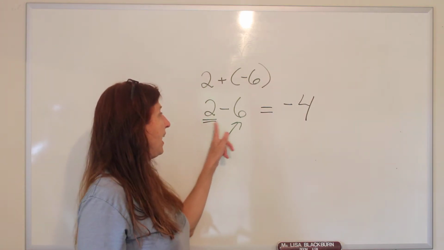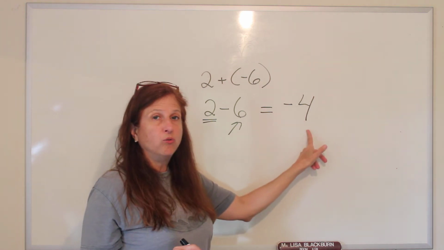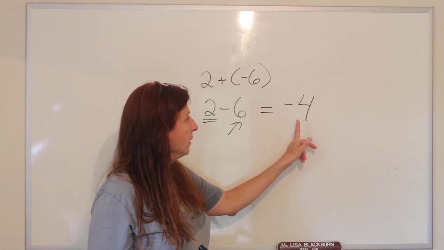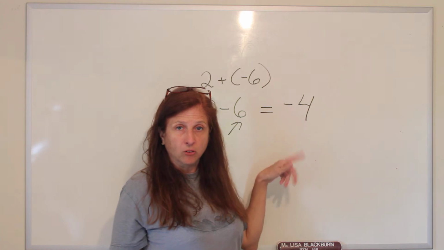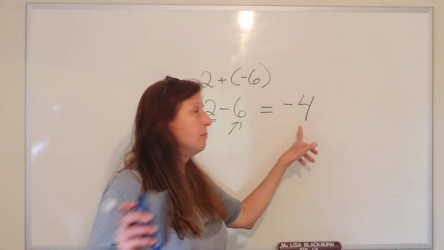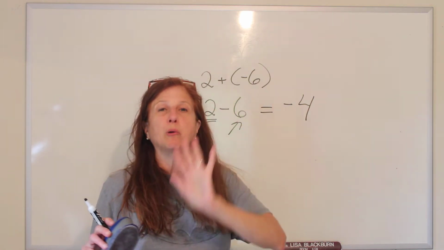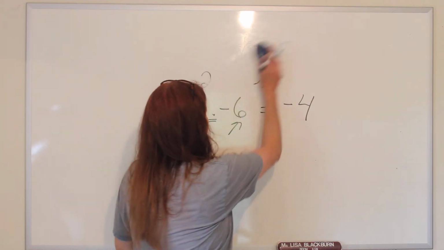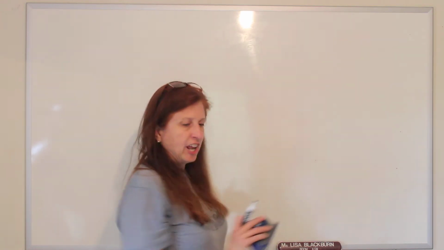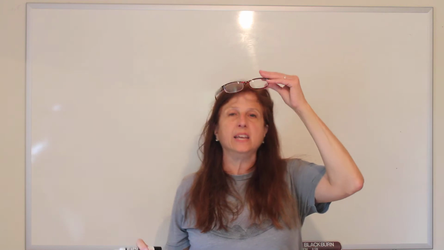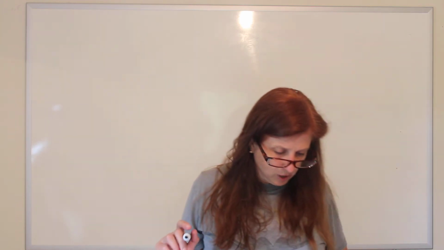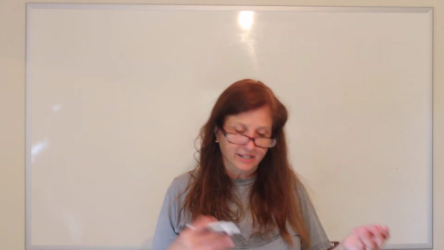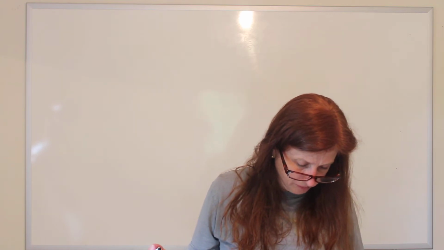The $2 I had, but I'm in the hole $4. Plus, your bank's going to give you a bounce fee on top of that. So really, you're probably going to be in the hole $34. But we won't worry about that right now. I think it helps kids to think about this with money, because we all like money, right? And we know what it's like to borrow money and to have money and to owe people money.